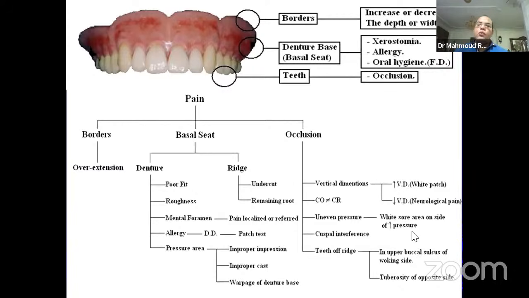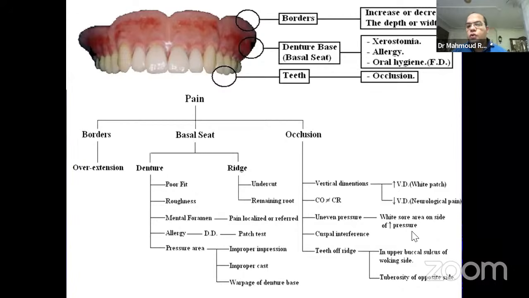The patient will complain of pain because the teeth touch in function every time, because there is no sufficient inter-arch distance between the teeth. So the patient closes his teeth all the time, and this will cause a generalized inflammation of the mucosa under the denture base.